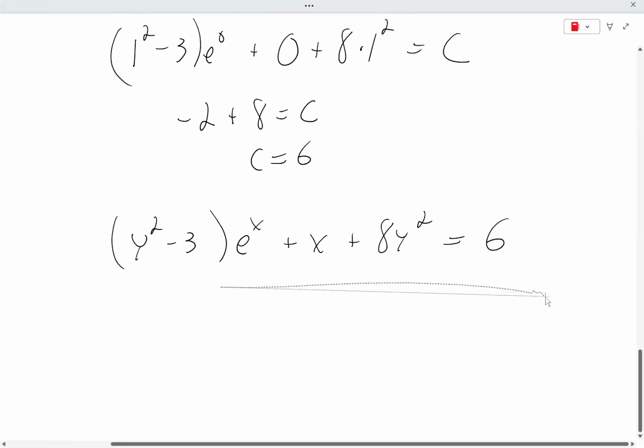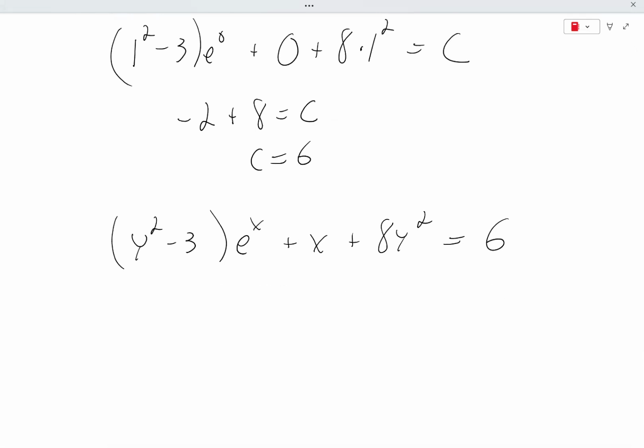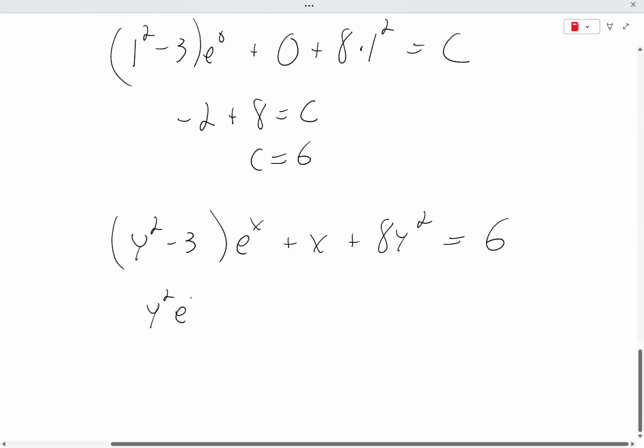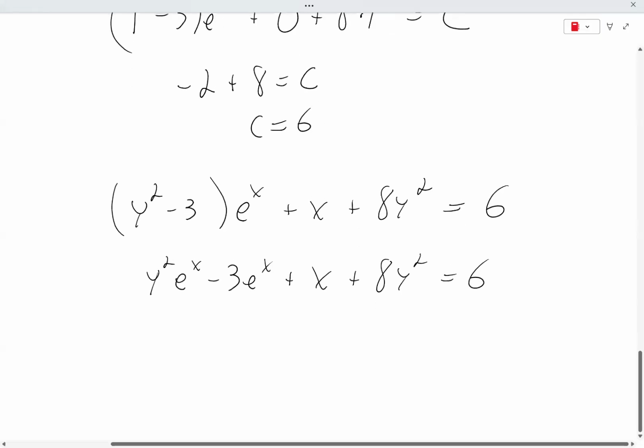If I say find y as a function of x, or y of x equals something. But anyway, if I go about solving it, I'll distribute here first. Then you would get the y squared by itself.